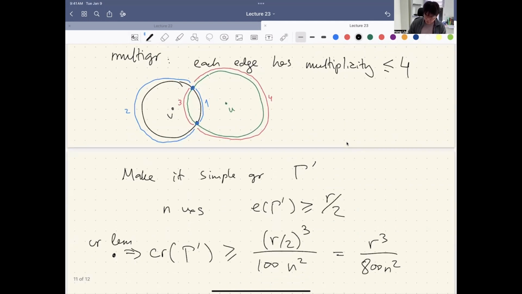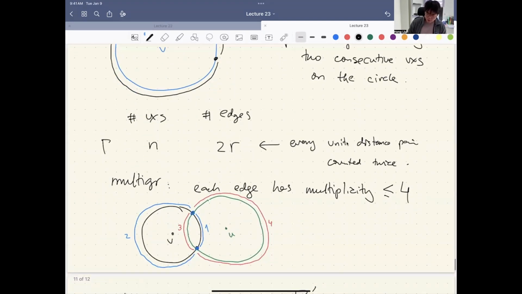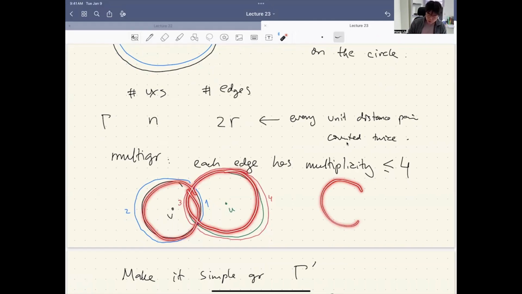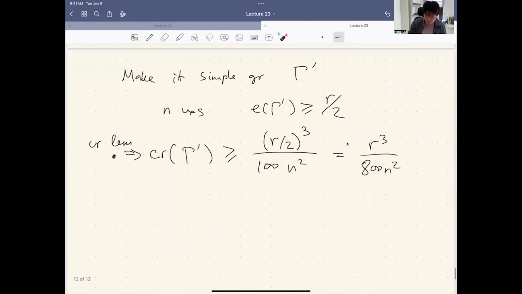On the other hand, when do we have a crossing? Well, a crossing is only caused by two circles, right? These are the edges. Maybe that's not a good picture. Here's a better picture.